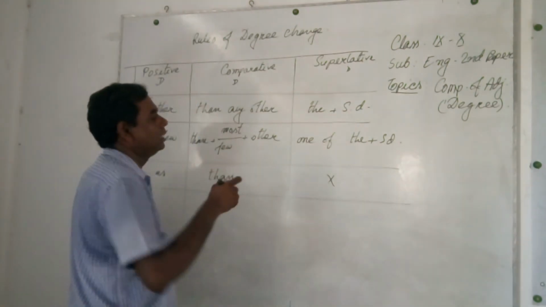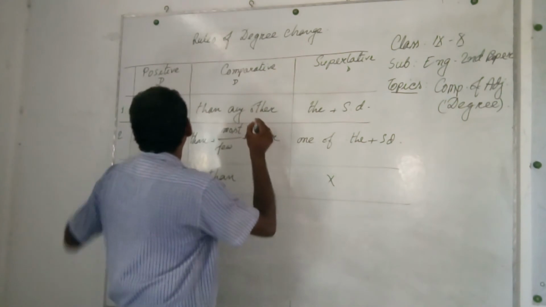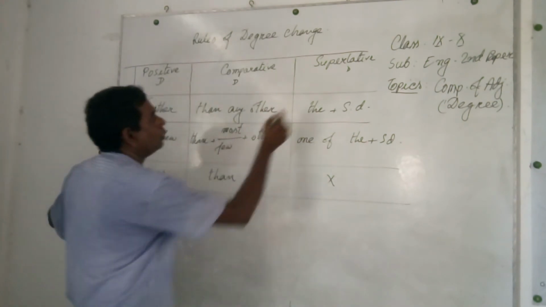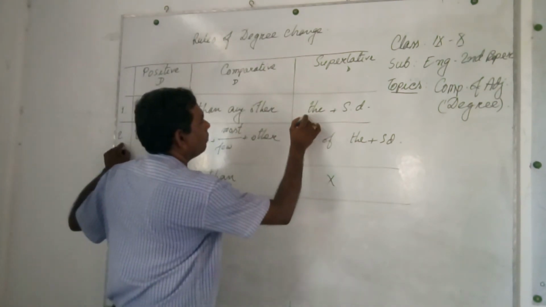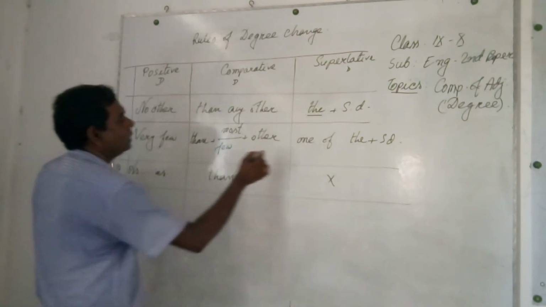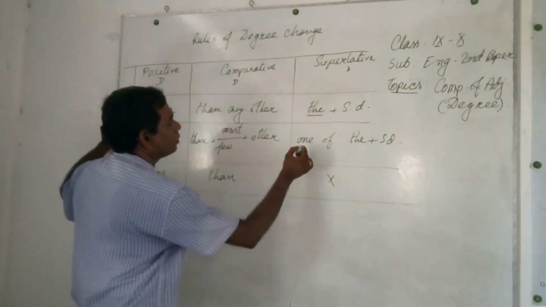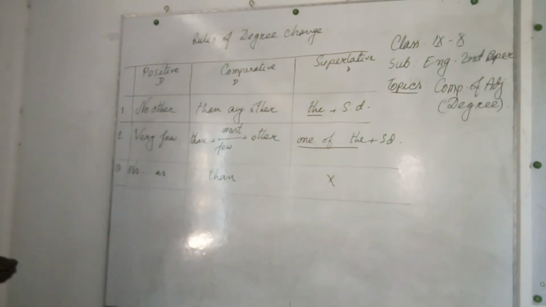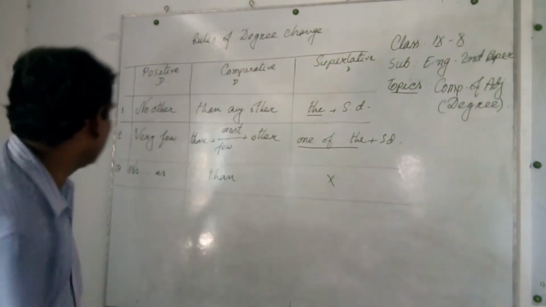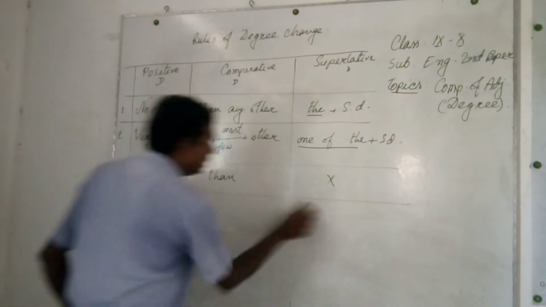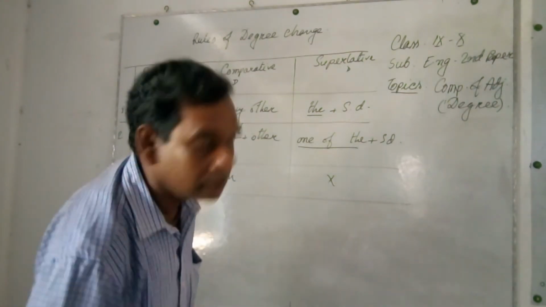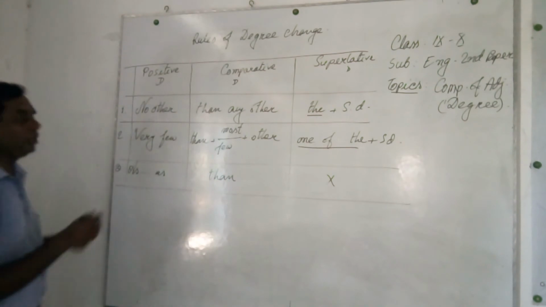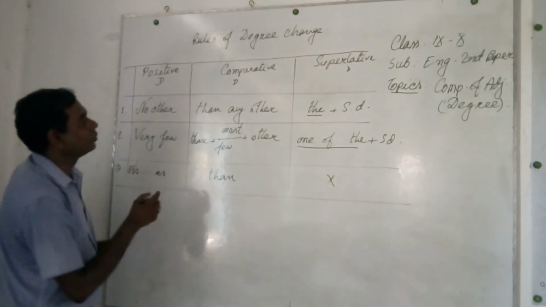Here is the difference between rule 1 and rule 2: in the superlative degree only the, and in rule number 2 one of the. If I give an example, I am sure you will be benefited more.